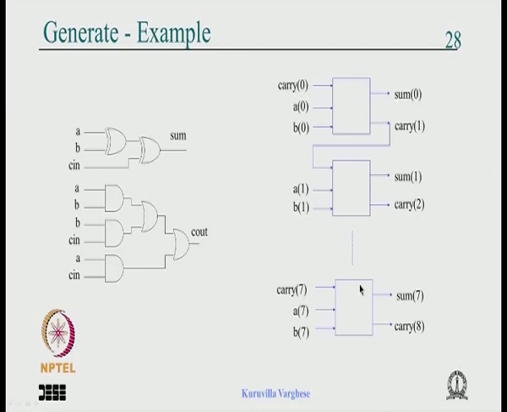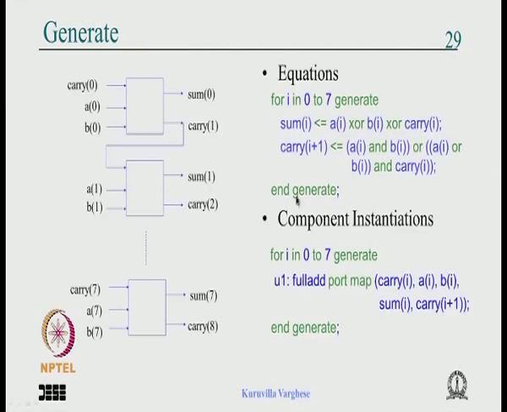That is how the entity is declared. Then you can write an equation in a generate loop which says for I in 0 to 7 generate, say here sum of I is A of I XOR B of I XOR carry I. So sum 0 is A0 B0 carry 0, and carry I plus 1 is AI BI or AI or BI and CI.